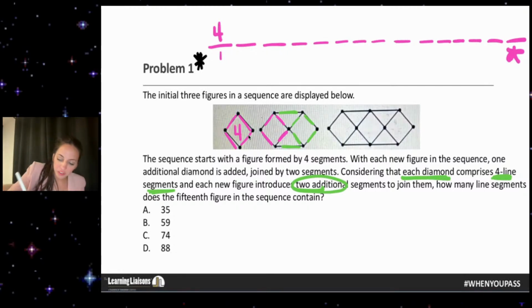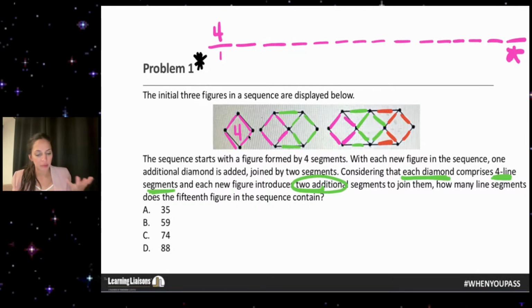And then my next figure has the original 4 pink, the original green, and then we add 4 more for the diamond and 2 more. So am I adding like +4, then +5, then +6, then +7, then +8? Or am I adding the same amount every single time?